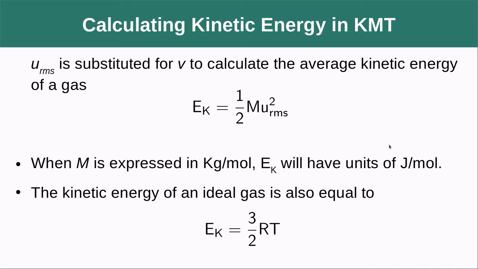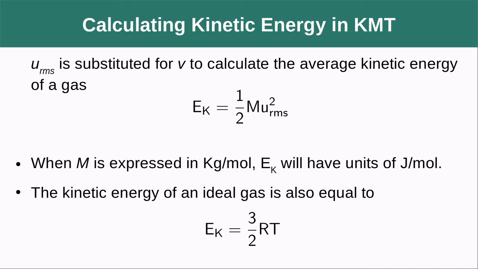URMS is substituted for v to calculate the average kinetic energy of the gas. So we can plug it in there and get the average kinetic energy of that gas, and that's how I was saying it behaves like an average. When M is expressed in kilograms per mole, the kinetic energy will have units of joules per mole.